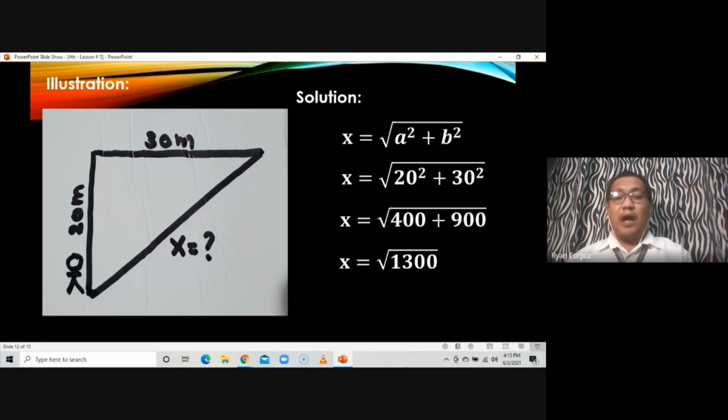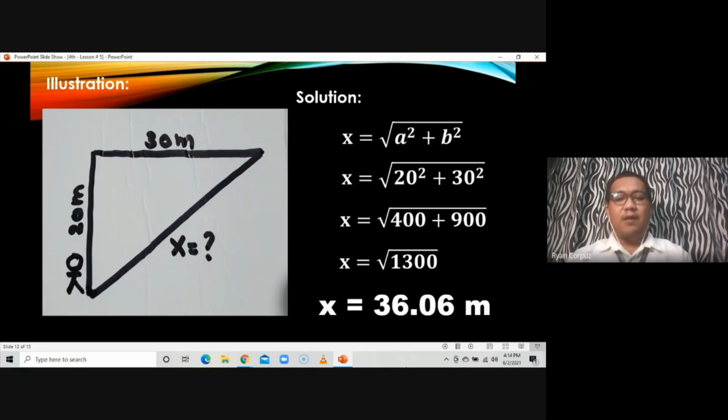But since we are now allowed to use a calculator, just make use of the calculator by simply pressing the square root sign, then press 1,300, then press equals. You'll find out that the value of x, from the starting point, that man is now 36.06 meters.